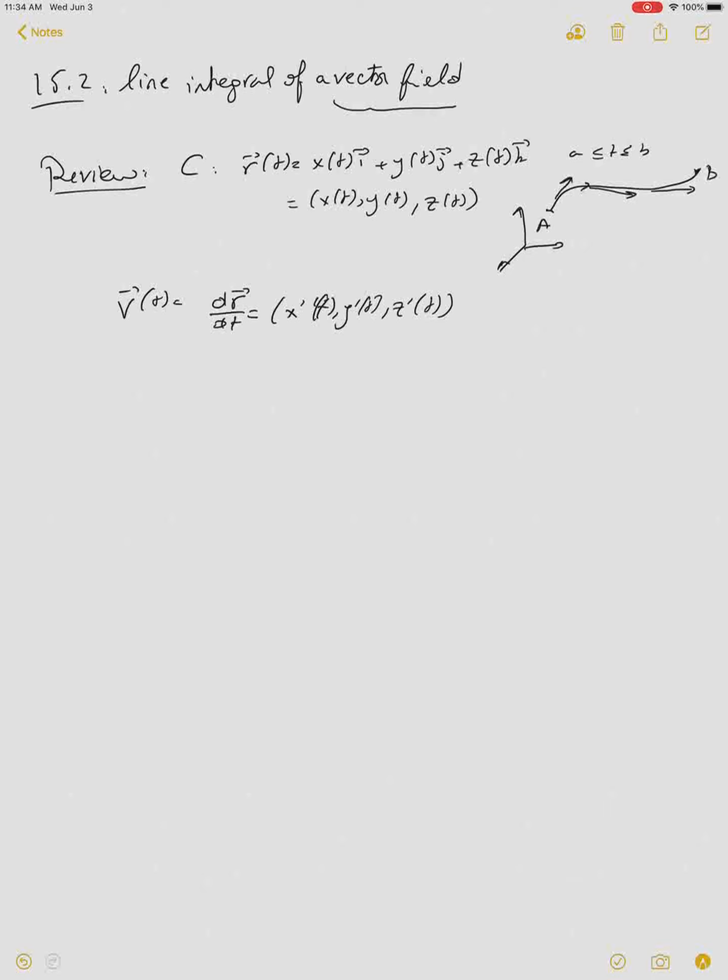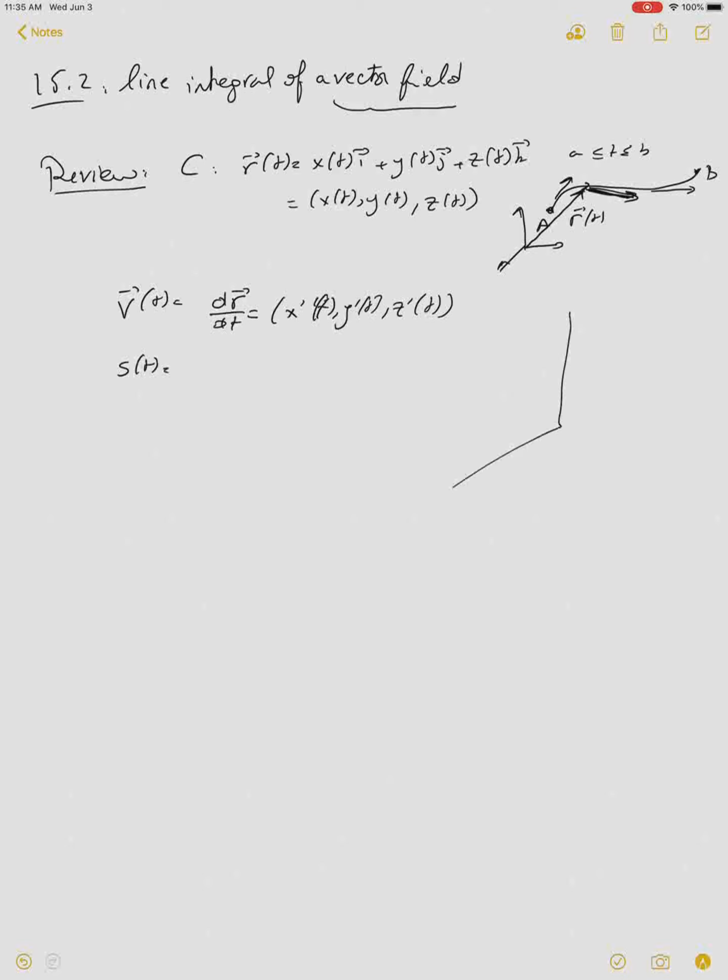This is from a to b. This is v of t, for example. This is r of t, and we said s of t is the length from a position.